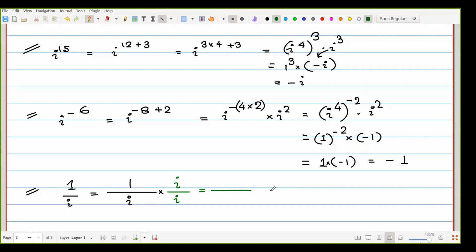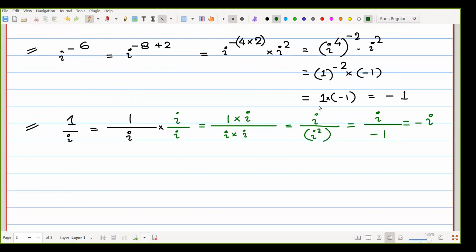So the numerator is now 1 into i and the denominator is now i into i, so i by i square. That is equal to i divided by minus 1, or simply minus i. So look at the main thing: 1 by i can be written as minus i.